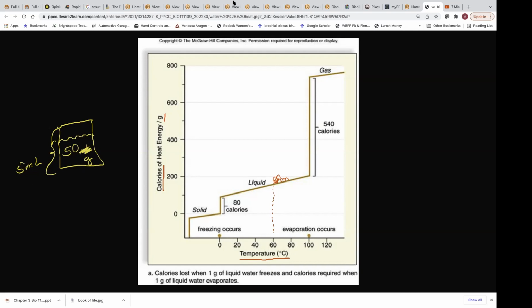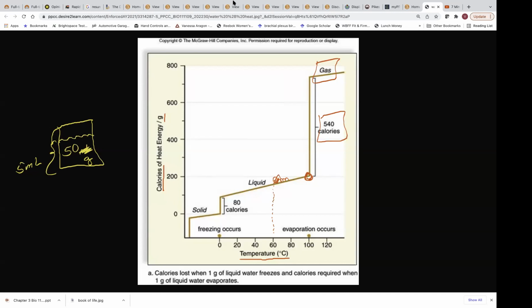All righty, so once we get to this certain point here, and we want to turn that liquid into gas, then we have to input 540 calories of energy to transform 1 gram of water from a liquid state into a gaseous state. Essentially what's happening is, I'm going to draw off on the side, in yellow.